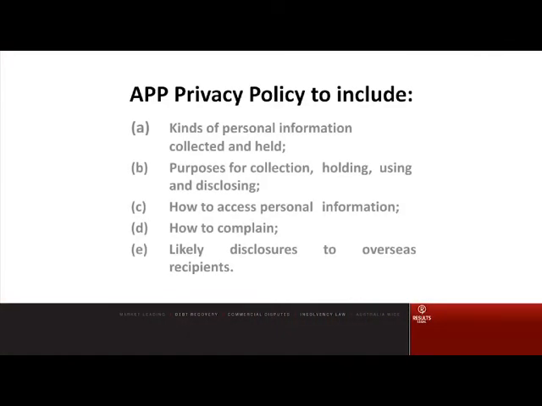So, for instance, the kinds of personal information that your business collects and holds, the purpose that you collect and hold and use the information for, or that you disclose it for, how a person whose information it is can go about accessing that information, how they can complain about you, and what likely disclosures you're going to make to overseas recipients of that personal information. It's broader than that, but that gives you an idea about what's got to be in the policy.